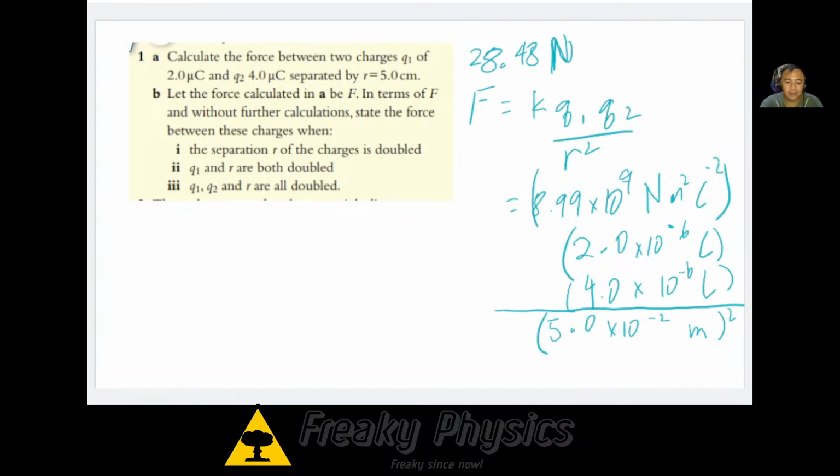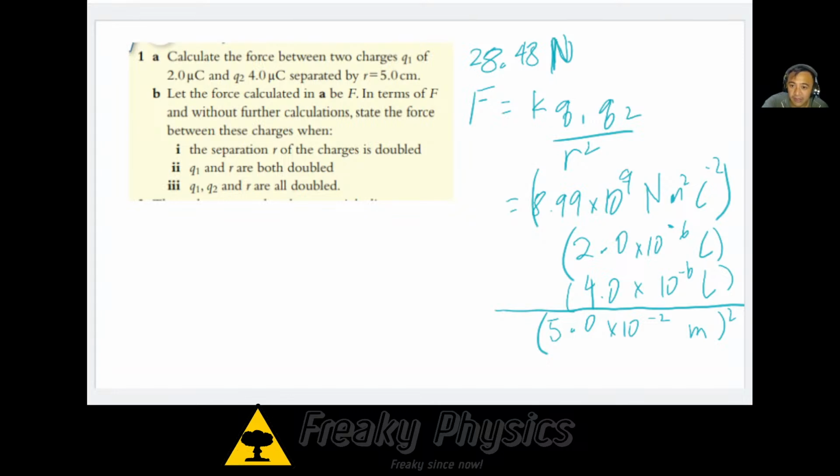Okay, so I'll do this real quick on my trusty calculator. This is 8.99 exponent 9 times 2 exponent negative 6 times 4 exponent negative 6 as well.